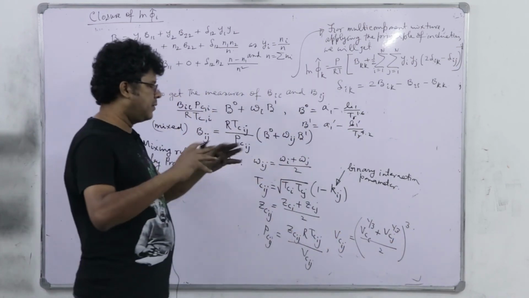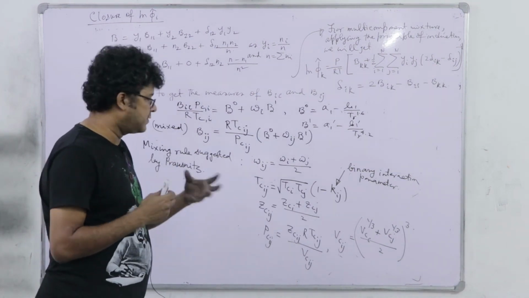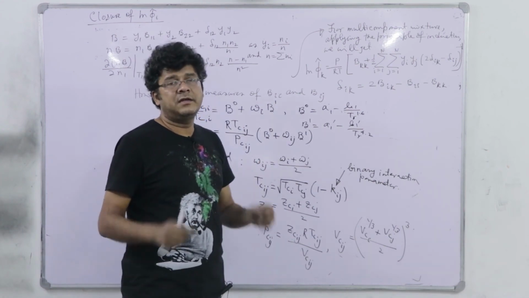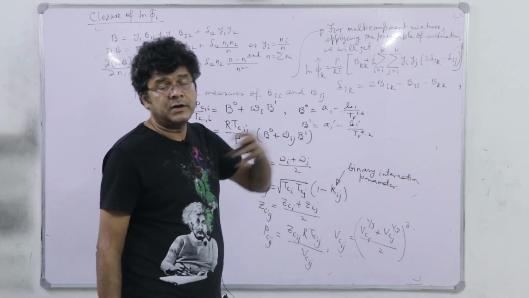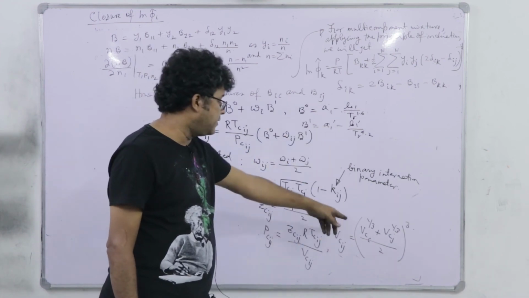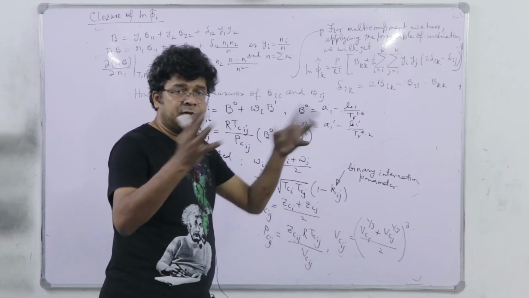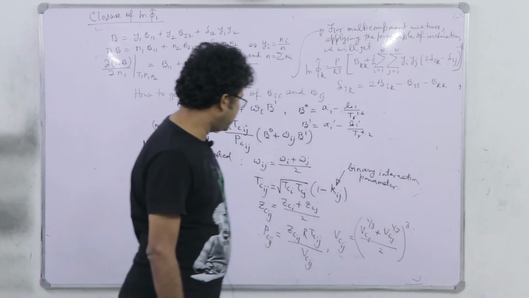So, it is some kind of intermolecular distance at the critical state, because VCi to the power 1/3 is a length dimension and it is of the order of the intermolecular separation at the critical point for the component i. Similar is for j, and for the mixed state it will be some arithmetic mean. So, from there it has been calculated.